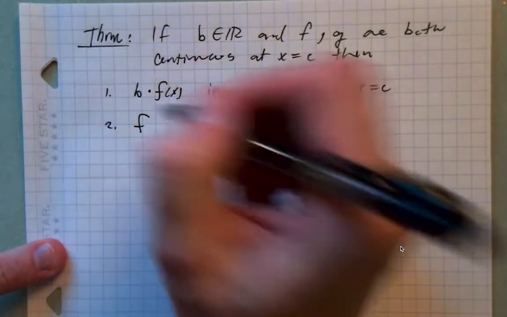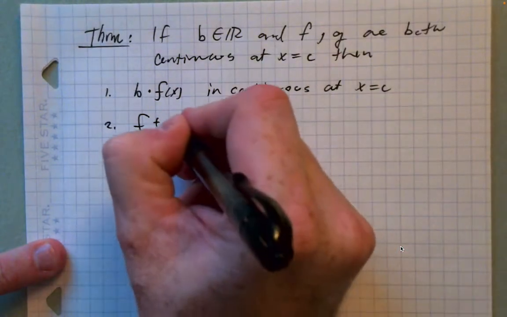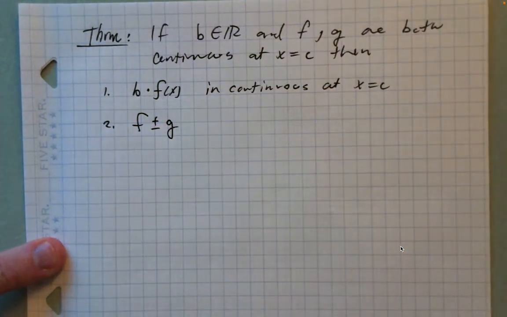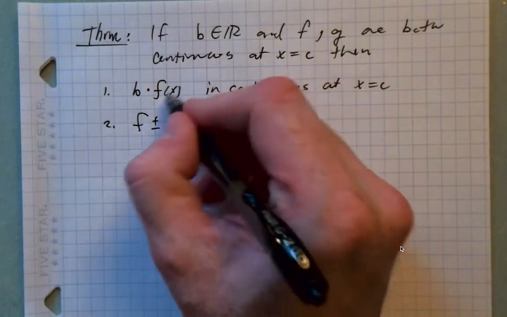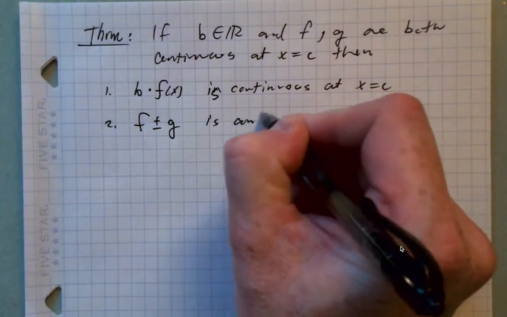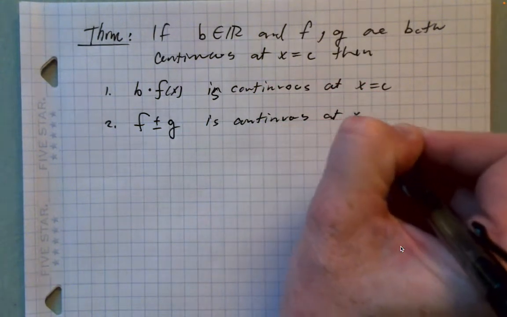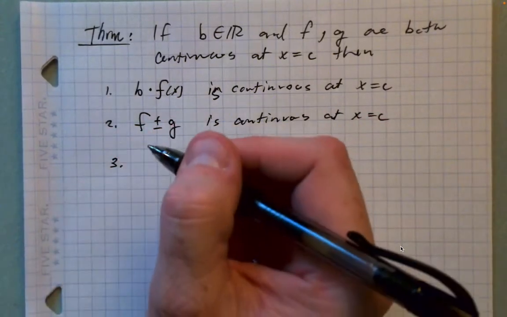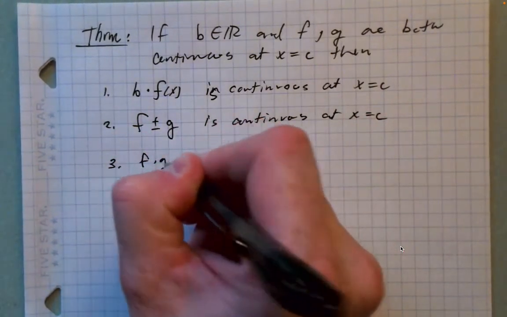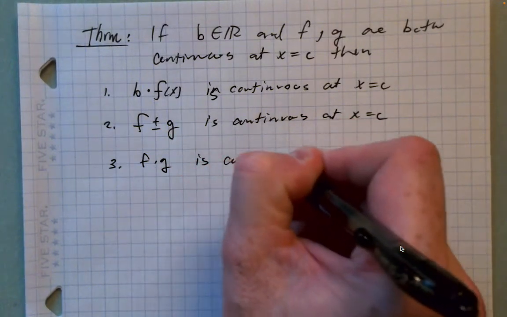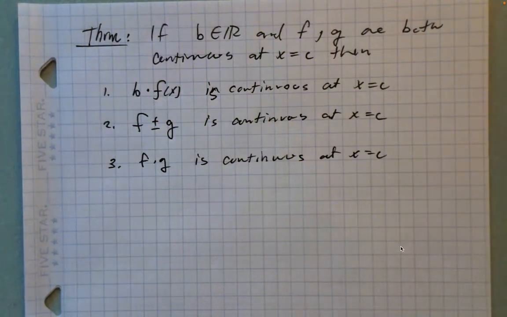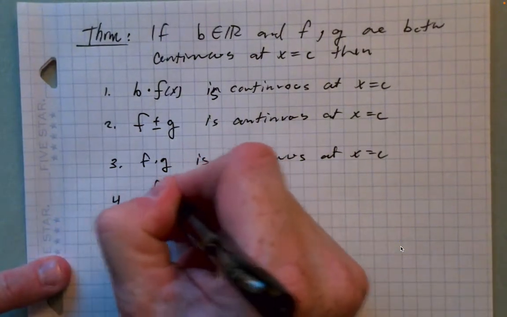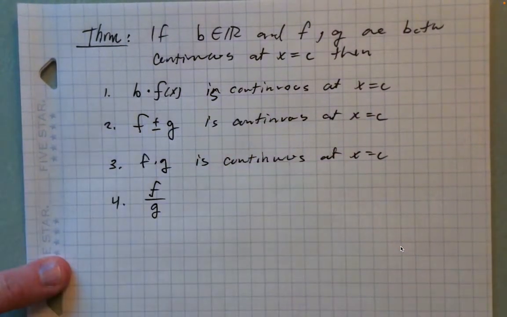Secondarily, the two functions f and g, you can add or subtract them, and you retain the continuity. The sum is continuous, or the difference. Thirdly, you can multiply them. Okay, so the product of f and g is continuous at x equals c, and the ratio of the two functions is also continuous.